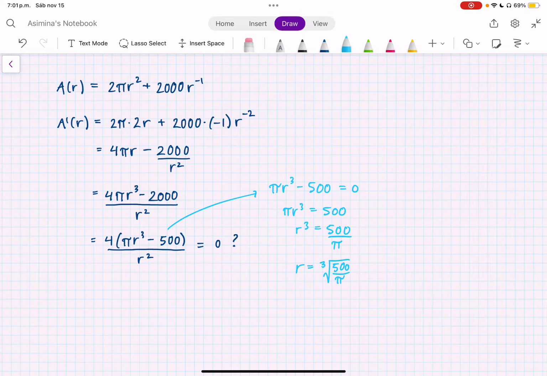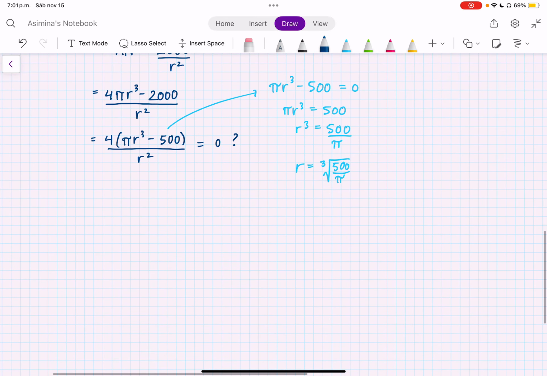Now what does this tell me? This is a critical value or a critical number. And so what we want to do is see where our function A is increasing and decreasing, and we want to see if this critical number is a maximum or a minimum. So we can plot this.